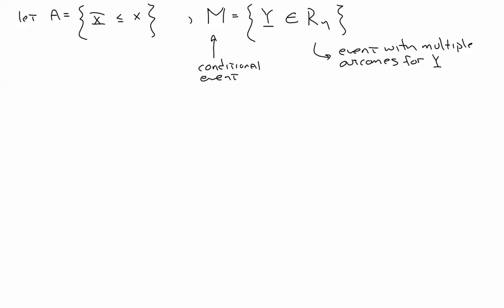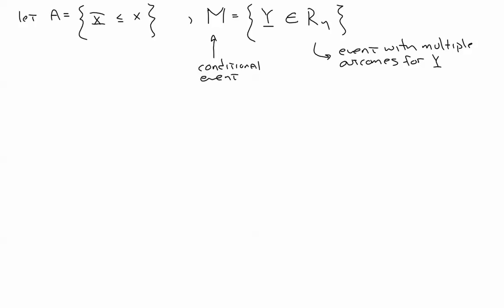My conditional event is that y takes on one or more values in some arbitrarily defined set, capital R sub y. R sub y is just an event with multiple outcomes. That's all it is.